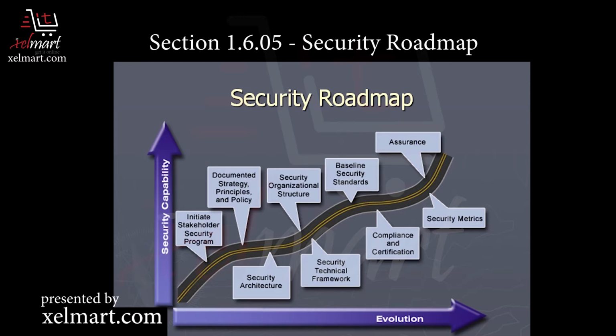And so you understand who the shareholders are of the security program and who's ultimately responsible. You come up with your strategies and your principles of what is our acceptable risk level, what is it we have to protect, and then you develop your security architecture. Now, a lot of people think a security architecture is the technical architecture, but it's not.